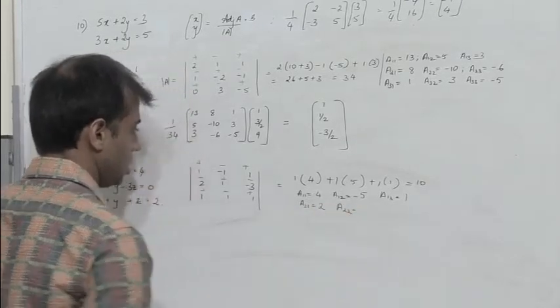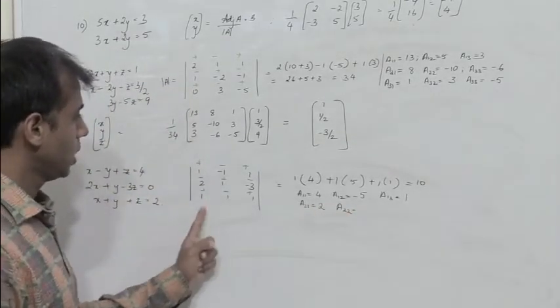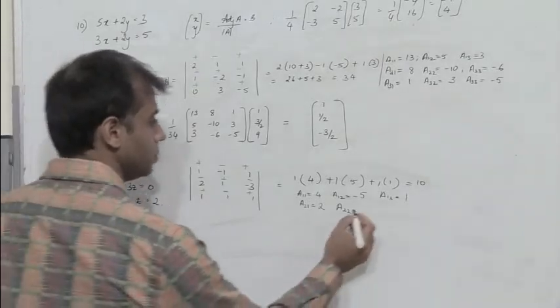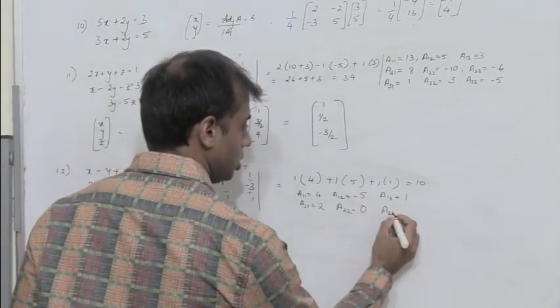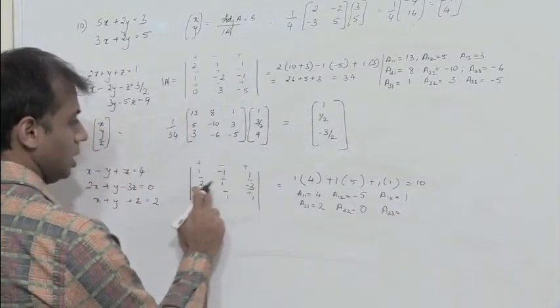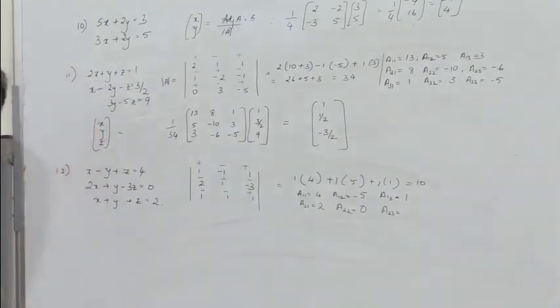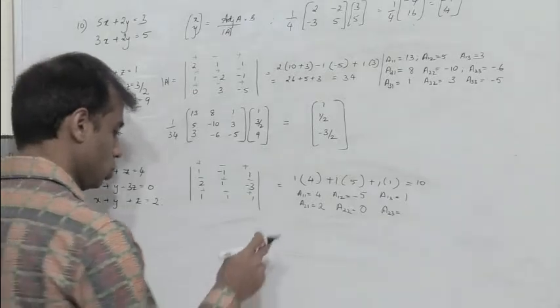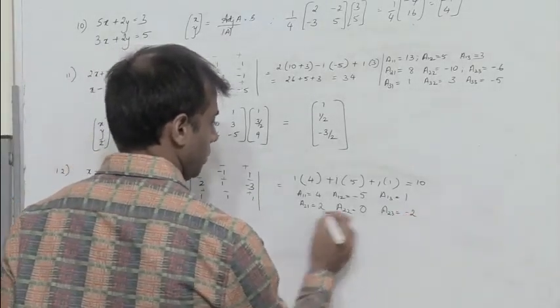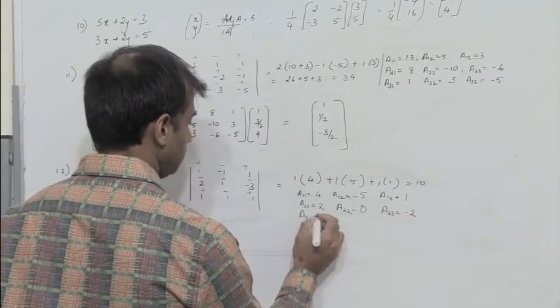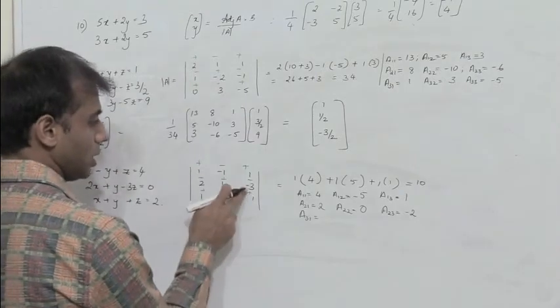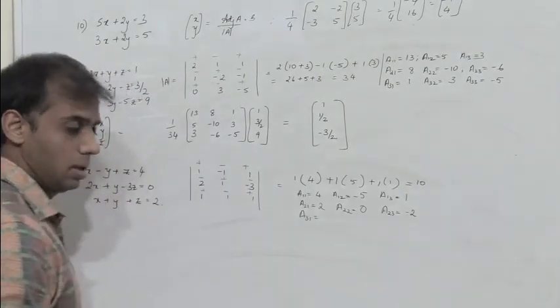A22 equals 1 into 1 minus 1 into 1, which is 0. Next, A23 equals, leaving the second row and the third column, 1 into 1 minus 1 into 2, with a negative sign, minus 2. Next, A31, third row and first column, so I get 3 minus 1 is 2.